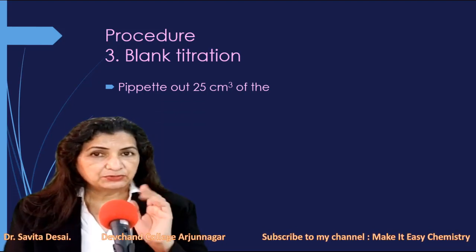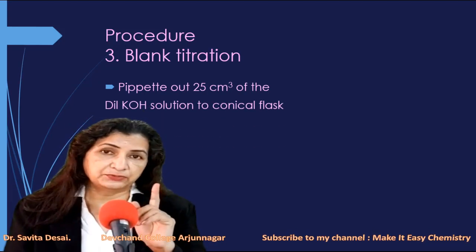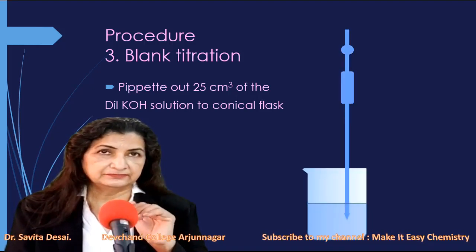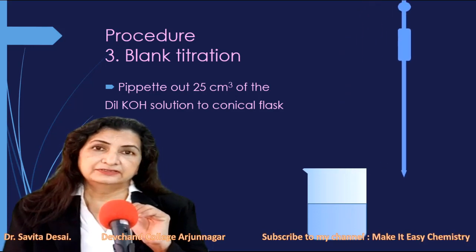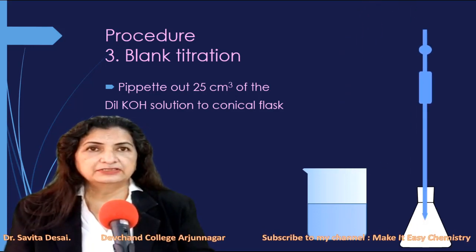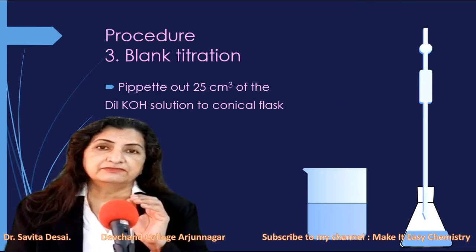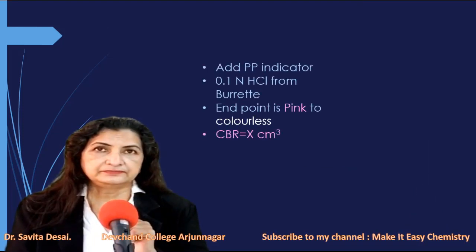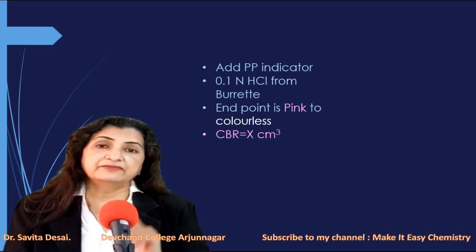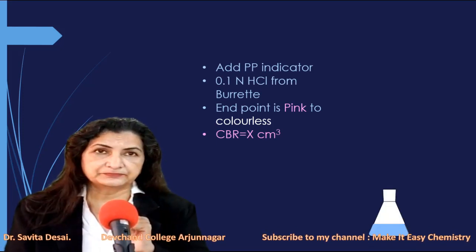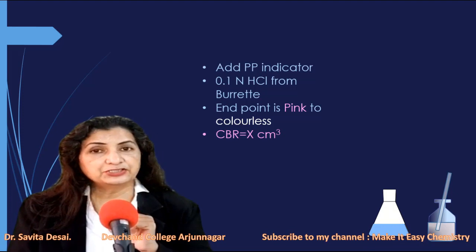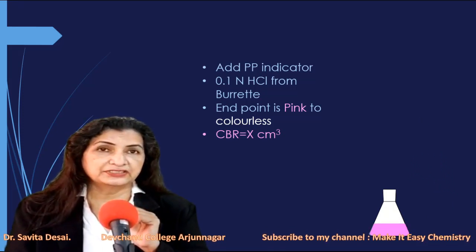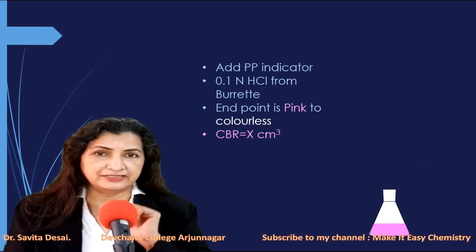We pipette out 25 cm cube of the dilute KOH solution into the conical flask. 25 cc of KOH is pipetted out and taken into the conical flask. Then we add phenolphthalein indicator. After the addition of phenolphthalein, as it is dilute KOH solution, it immediately turns pink in color.